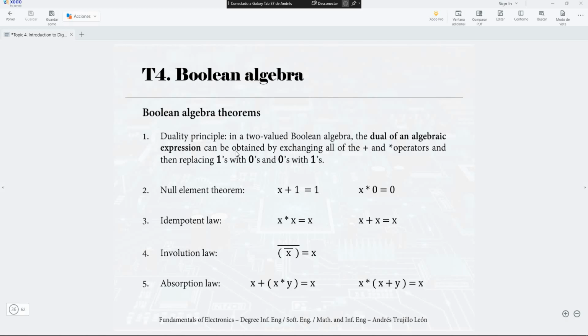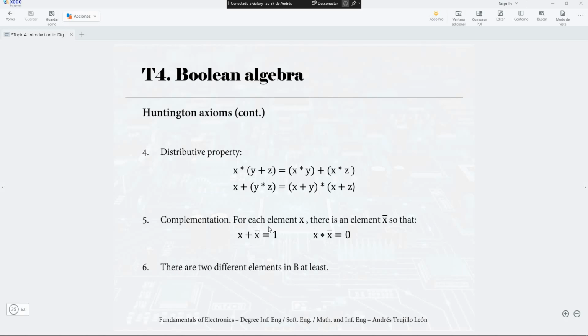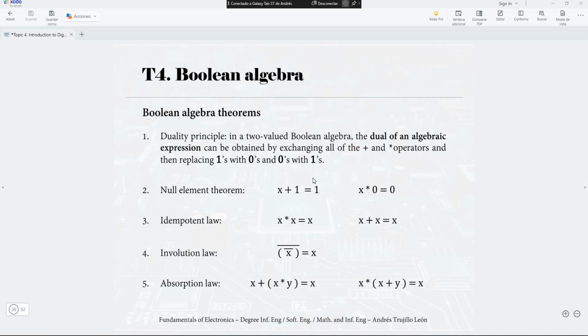The duality principle is really useful because we can extract the dual theorem and the dual action applying it. Remember that we can obtain the dual expression changing the logic sum by a logic product and changing ones by zeros and vice versa.